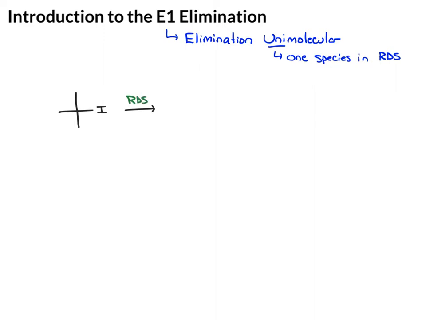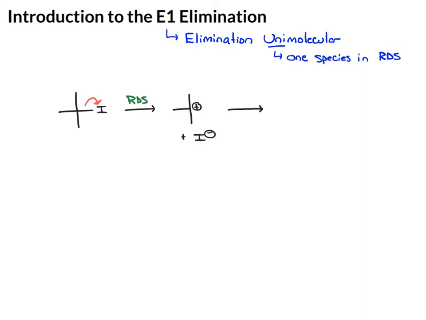What we do is we lose a leaving group and we form a carbocation. Right, from there, now what will happen is we need to do the elimination part.